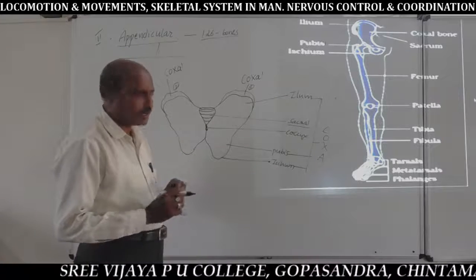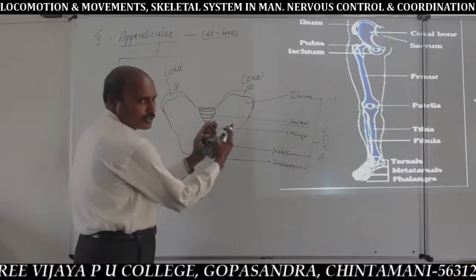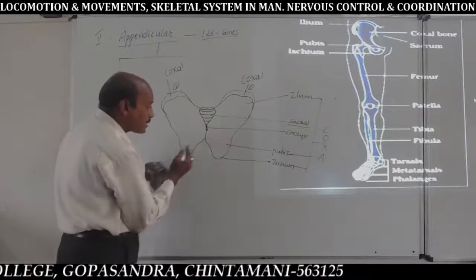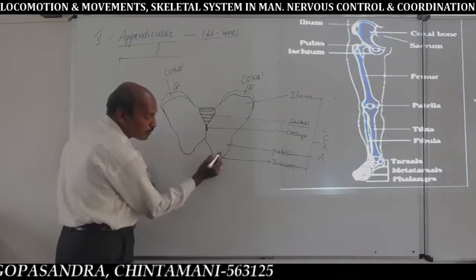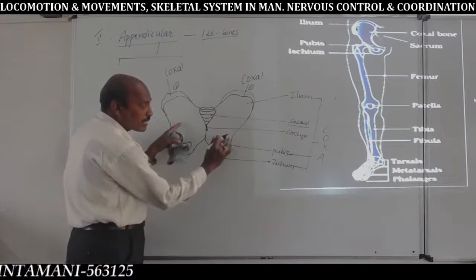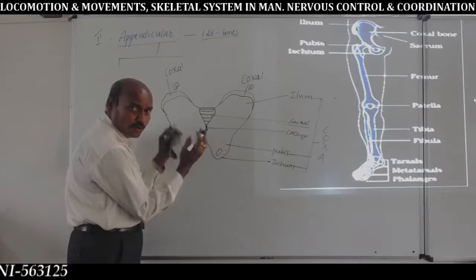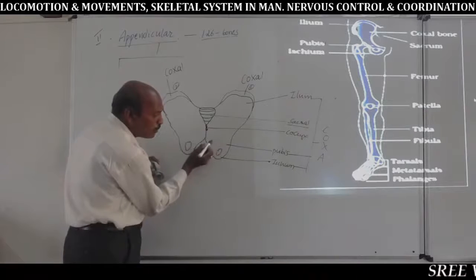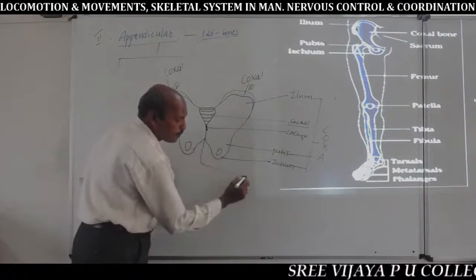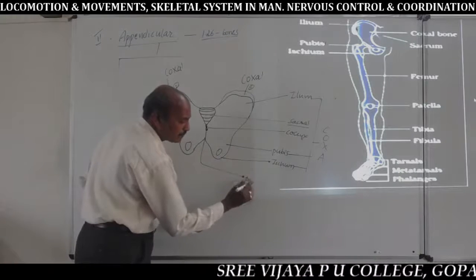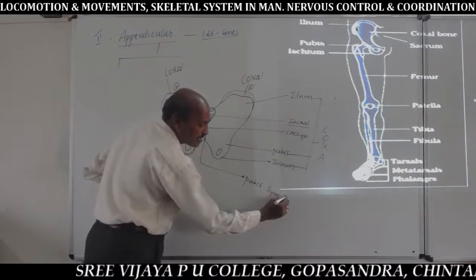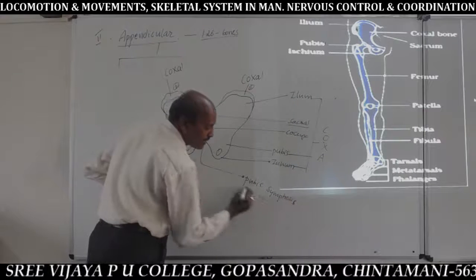Very important. The two coxal bones fuse at the point of the pubic bone. You should remember this statement clearly. The two coxal bones fuse at the point of the pubis bone to form the pubic symphysis.